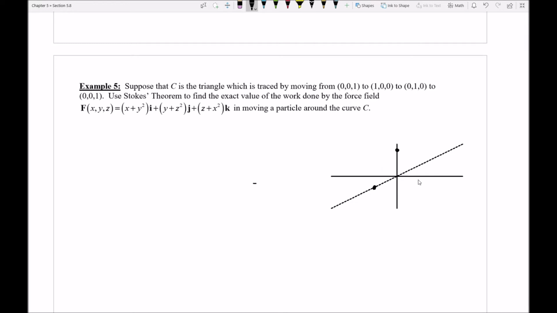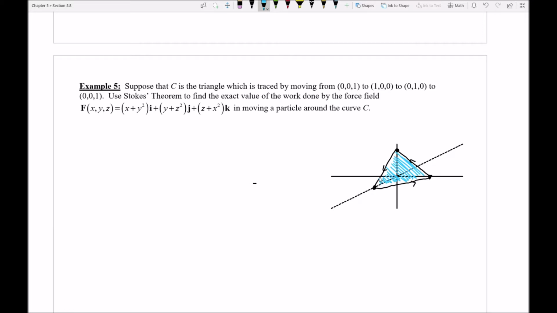I'm going to go to 0, 1, 0, and then back to where I started. Okay, so if I was to draw this out, I'm connecting from here to here, then from here to here, and then finally from here to here. And so I kind of have enclosed up here, you can see a surface, right? There's a surface that's getting enclosed by this.